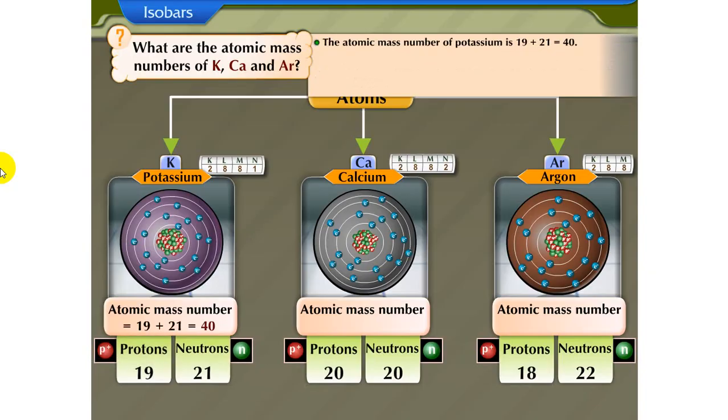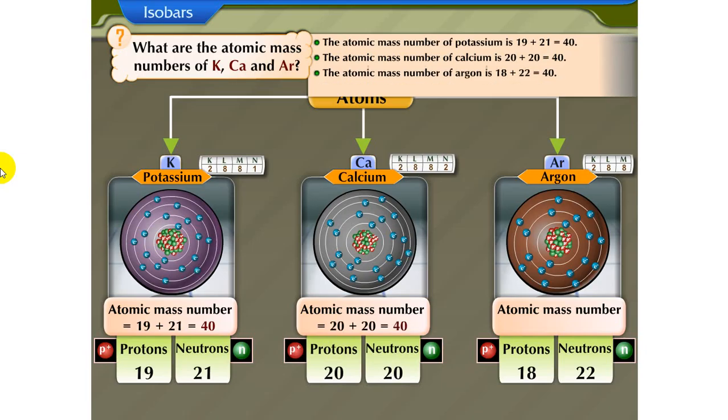That is 40. The atomic mass number of calcium is 20 plus 20. That is 40. The atomic mass number of argon is 18 plus 22. That is 40. Thus, the atomic mass numbers of each of these elements is 40.